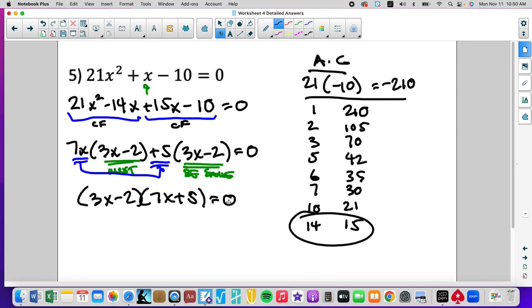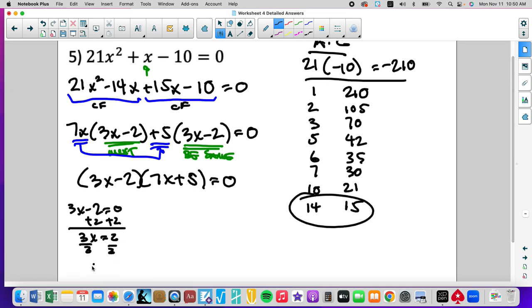Now we have two things multiplying equals 0. What value for x would make this 0? Well, we could write it like this. We could think about it, or we can just write it and solve for it. So if x equals 2/3, that would be equal to 0. 2/3 times 3, the 3's cancel. 2 minus 2 is 0.